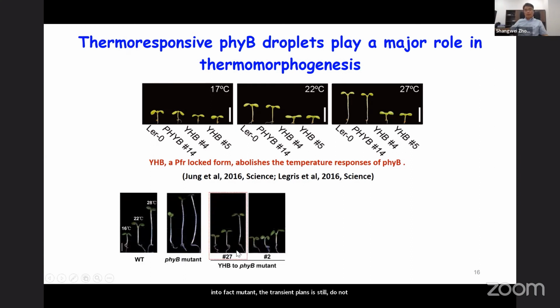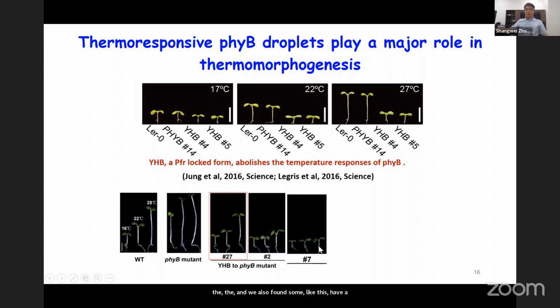However, in our studies, surprisingly, we found that YHB transformed into the Phy mutant can fully restore the defects of the Phy mutant in response to temperature, and display a very similar response like wild type. We further examined our transgenic lines, and we also found some lines have the similar phenotype as reported.